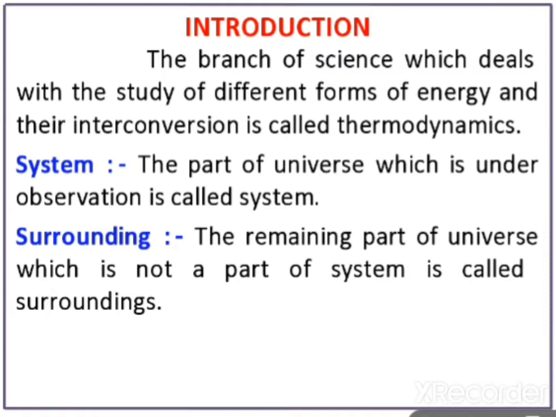If some gas such as H2S is produced in this chemistry lab, then this gas can travel from the chemistry lab to the outer part. Only this small area will be affected by the chemical reaction. So that small particular area is called the surrounding, not the whole universe.